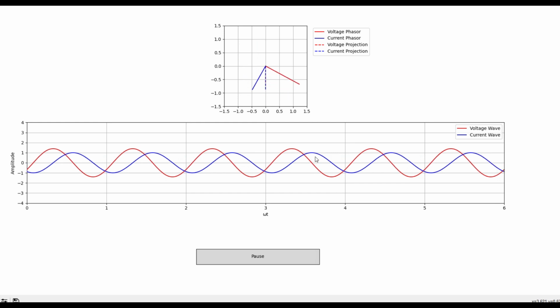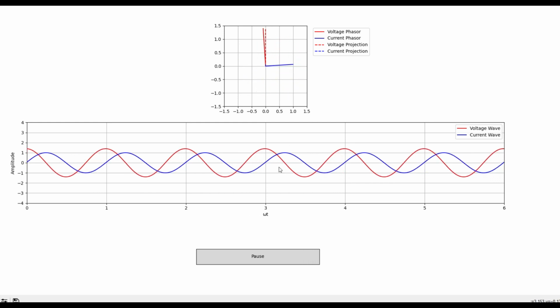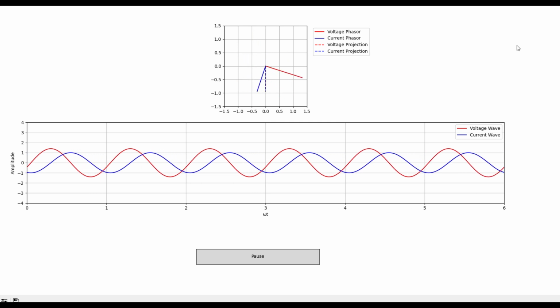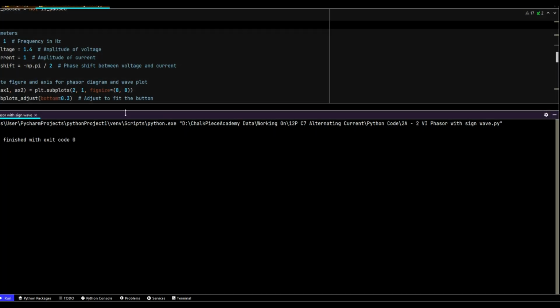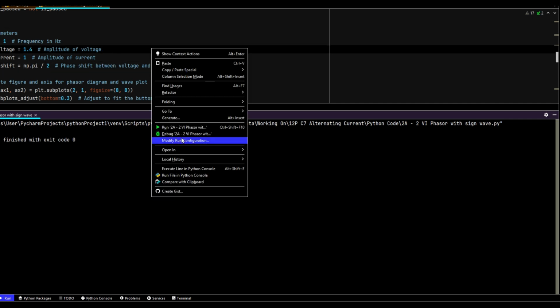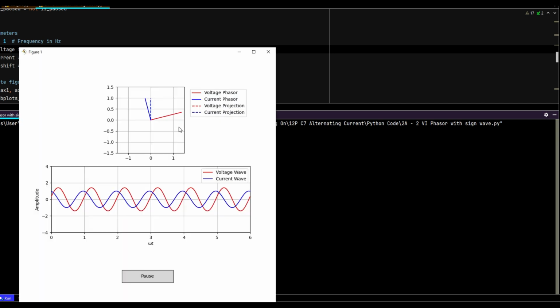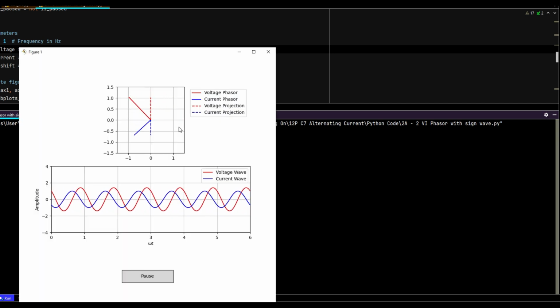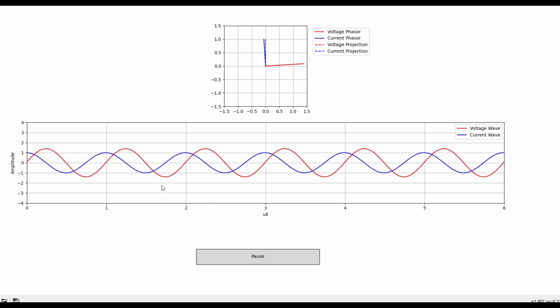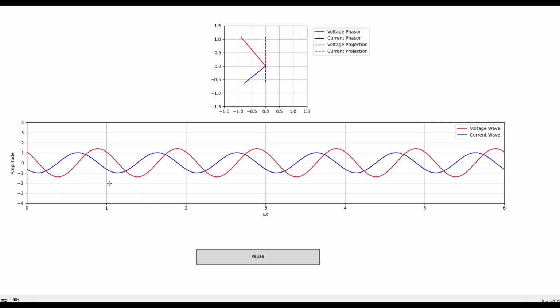The difference between them is 90 degrees, the phase difference. Now, if I want the current to lead, it would look something like this. So here the current is in lead. You can see the blue comes before the red.